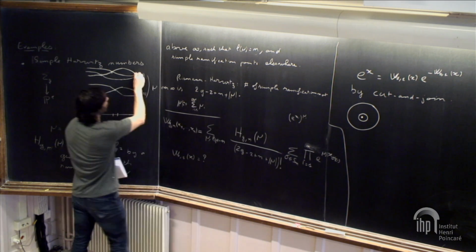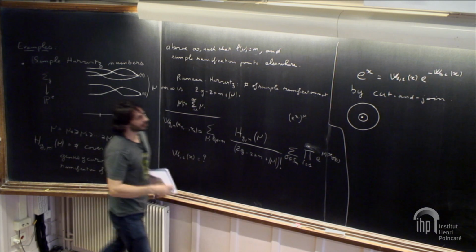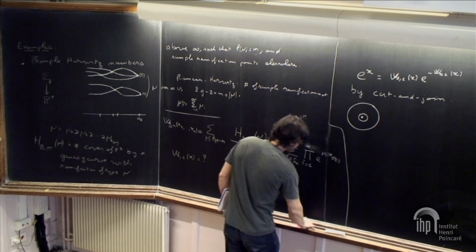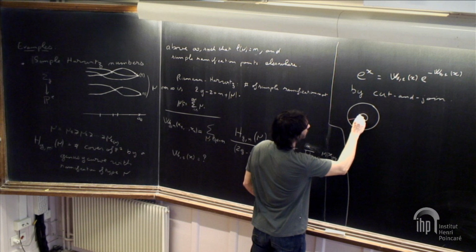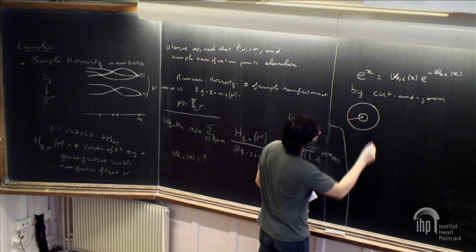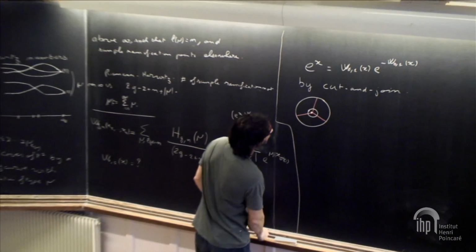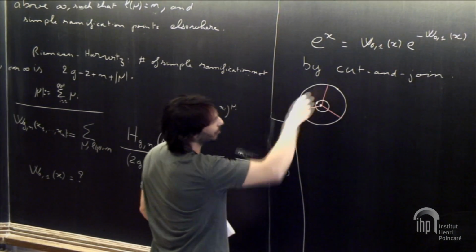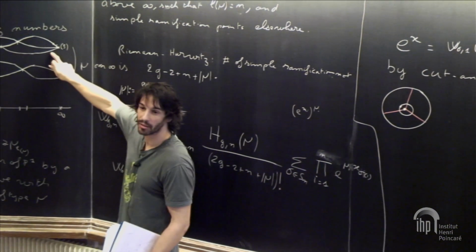If I start in one sheet of my cover, then I will go through a branch cut. So I start from one sheet here. I go to another sheet by crossing a branch cut. And what I know, because I've got a ramification profile 3, is that before coming back, I will have to cross 3 sheets, which are the 3 sheets of my cover here.